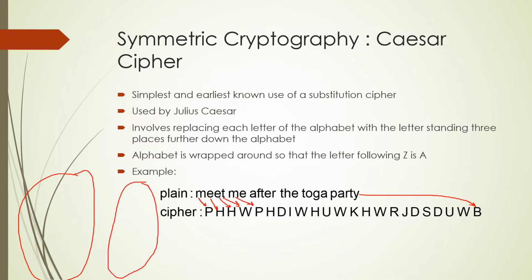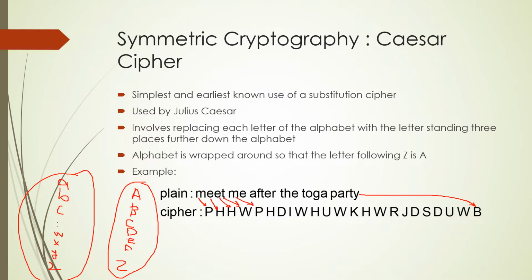Basically, if you write down all the letters of the English alphabet from A to Z, and write down again capital letters of the alphabet from A to Z, you will see the relationship. Let me write down D, E, F as well.